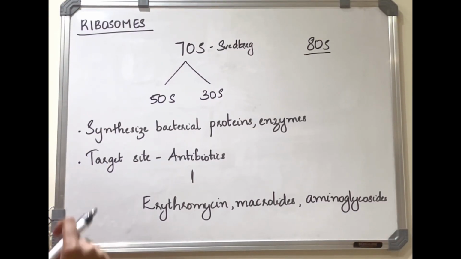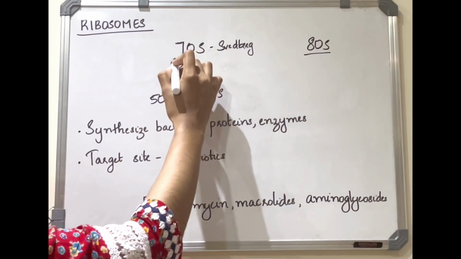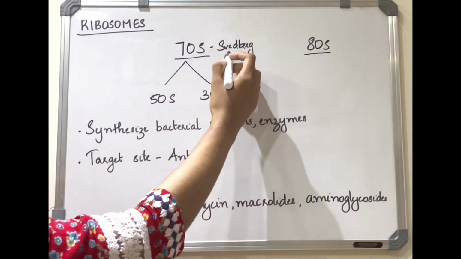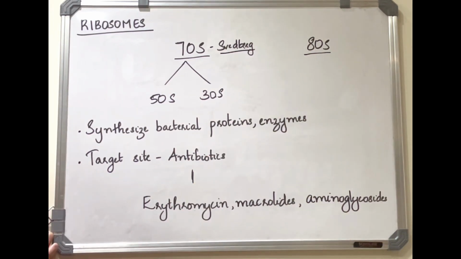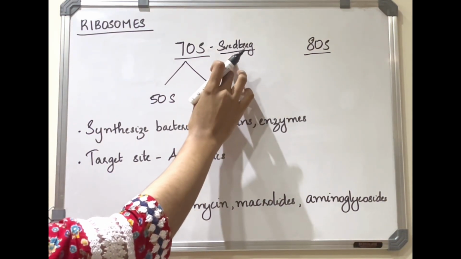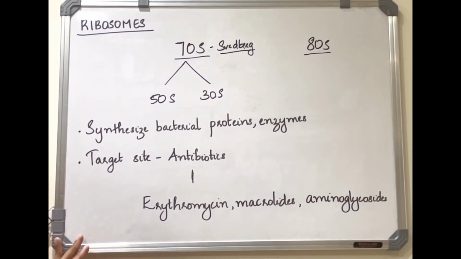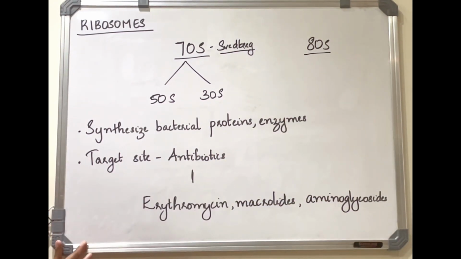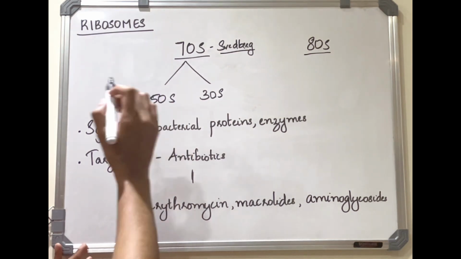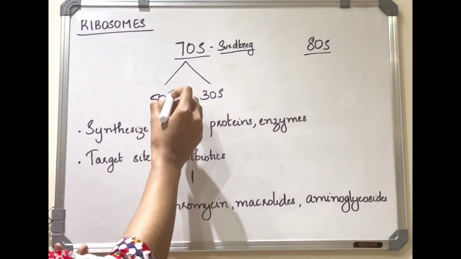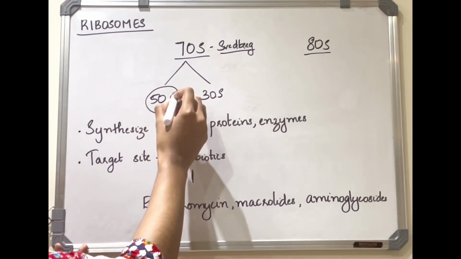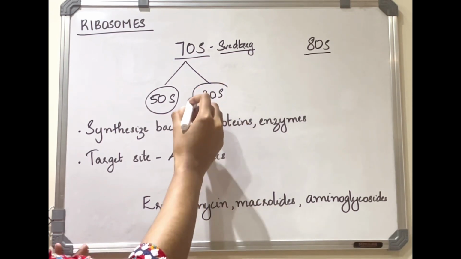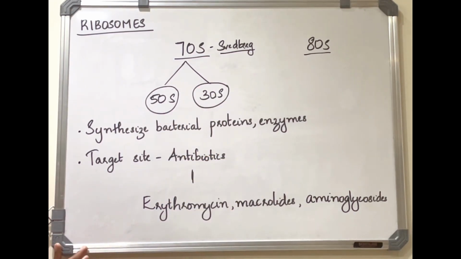Ribosomes. Now these bacterial ribosomes are 70S type. S means Svedberg unit. This is the rate of sedimentation in a centrifuge. Whereas eukaryotic ribosomes are 80S type. Now this prokaryotic ribosome is made up of two subunits: a larger subunit called the 50S subunit and a small subunit called the 30S subunit.